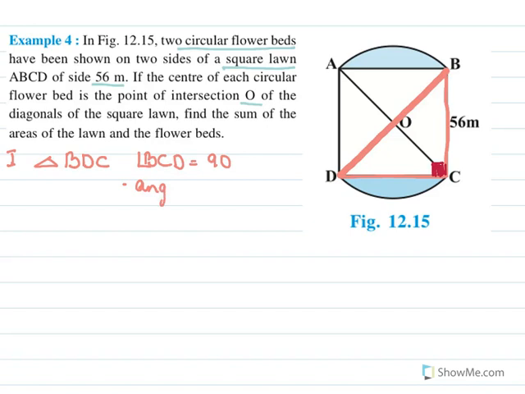Reason: angle of a square. Now we use Pythagoras theorem. So we first identify the hypotenuse. If C is the right angle, your hypotenuse will be BD, the side opposite the right angle. So we have BD square equal to DC square plus BC square.